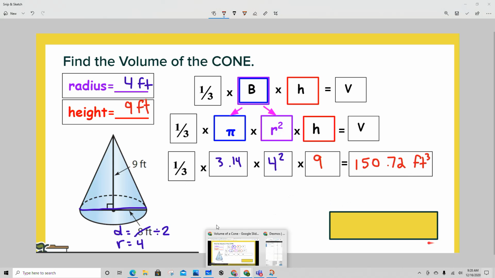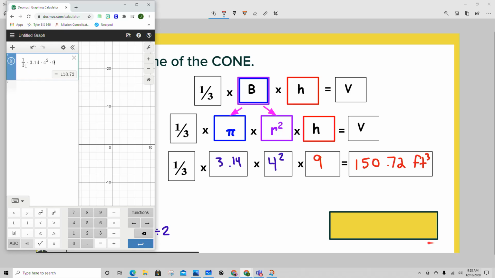Now let's say you're not comfortable multiplying by 1/3. There is another method you can do, but you cannot forget the parentheses. So what's the other method to get the answer? You start with parentheses, and we start with pi, the radius squared, times the height.